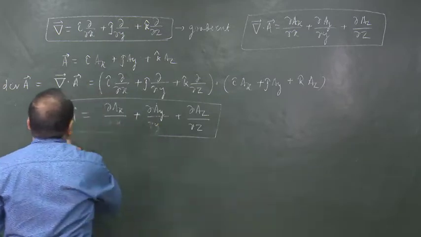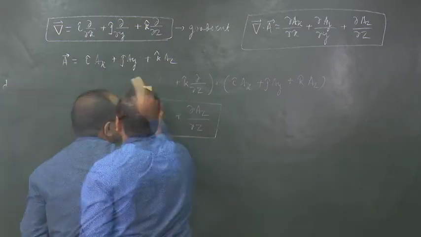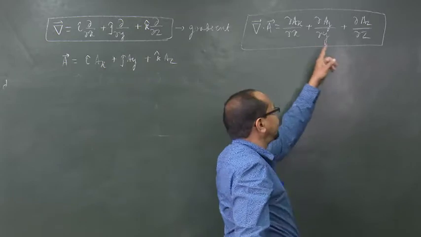Now, let us find what is the curl of A. Obviously, you might have marked that divergence is a scalar quantity.